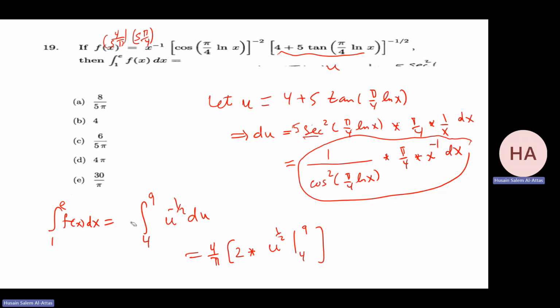So this will be 4 over 5 pi, and that will be 8 over 5 pi. What is this? Square root of 9, which is 3, minus square root of 4, which is 2. 8 over 5 pi, which is this one. Yeah, be careful with the calculation.